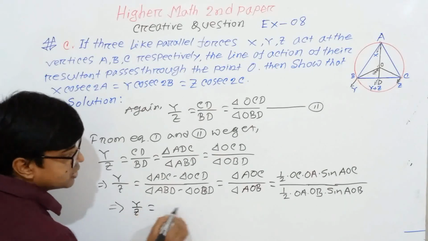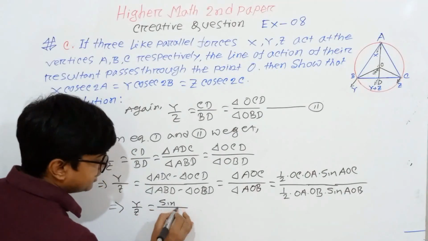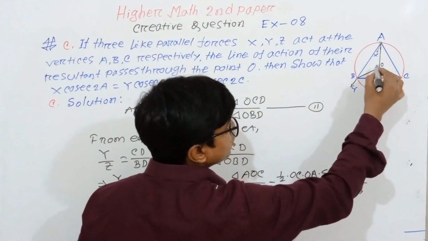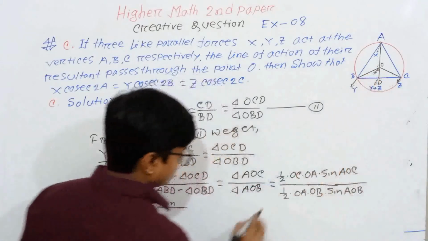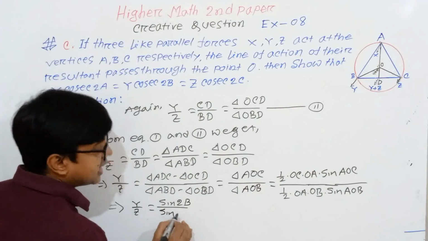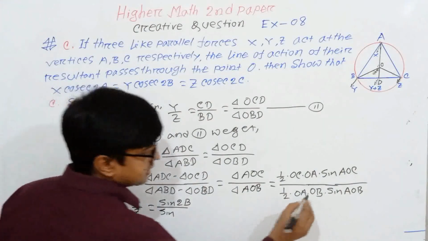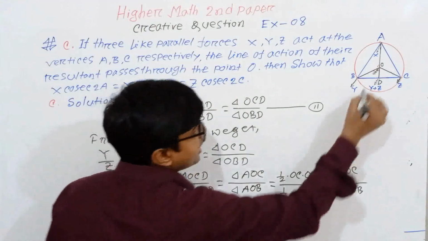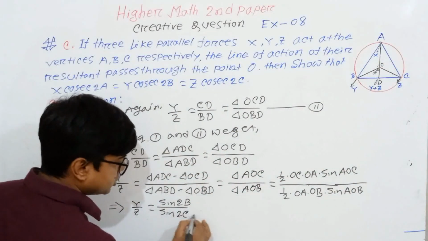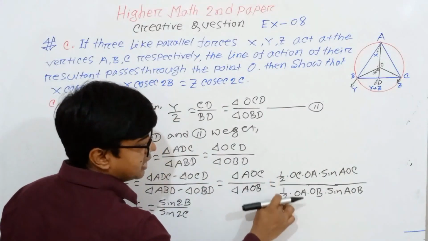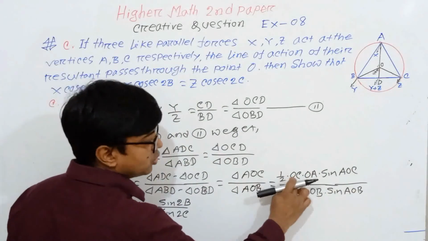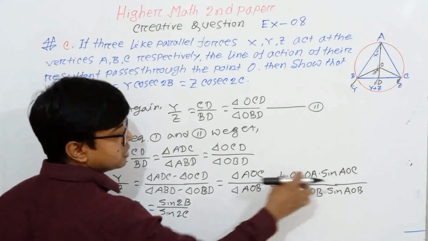Y by Z equals to sine, look at this, angle AOC, it will be 2B, so sine 2B by sine AOB, which is 2C, sine 2C. And here half and half will be cancelled, OA and OA will be cancelled, OC and OB will be cancelled because they are equal.